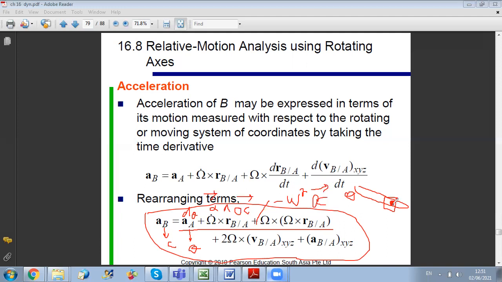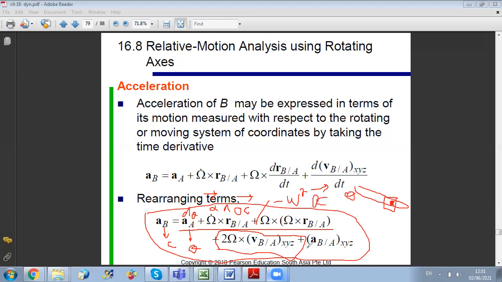But to take into account the relative motion of the collar with respect to the rod, we have two additional terms. This is called the Coriolis acceleration. The Coriolis acceleration is 2 omega vectorial V relative. So it constitutes the effect of the relative motion, the relative velocity, and the angular velocity of rotation of the rod.